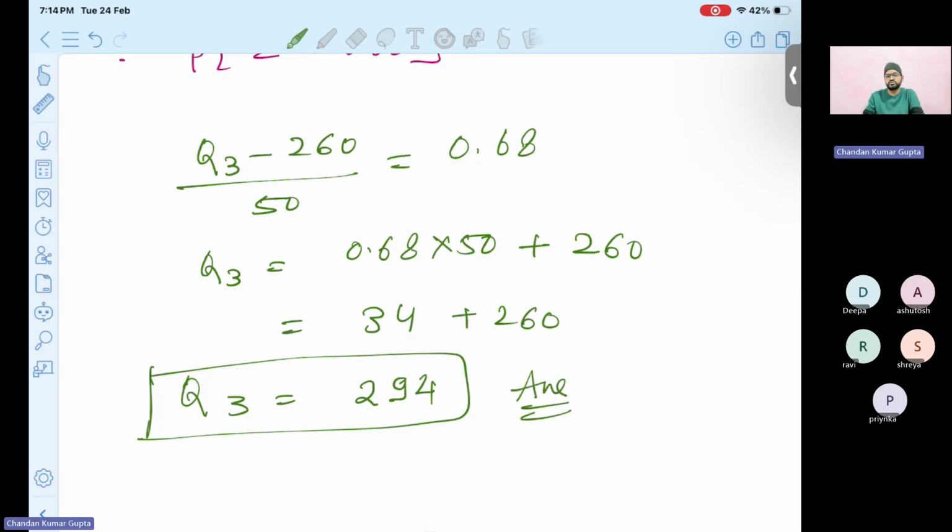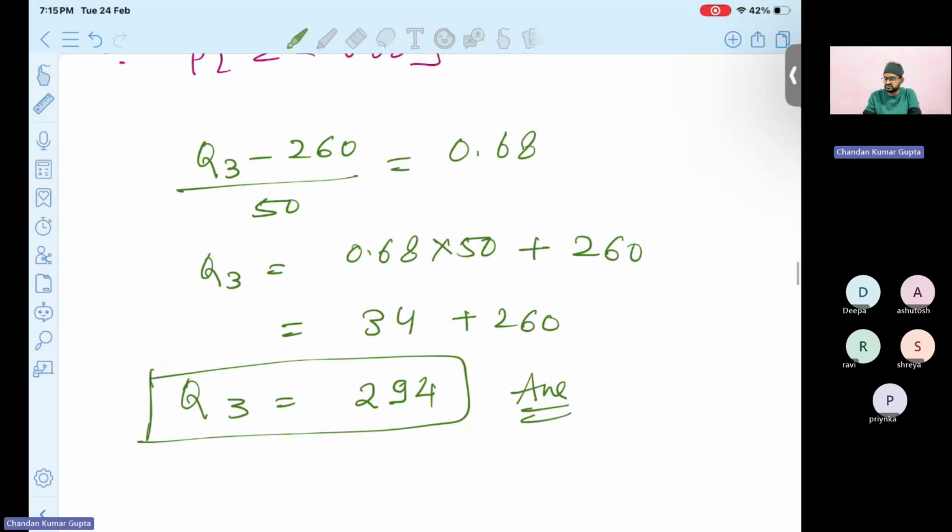So is it okay up to this point? Anyone have any doubt? The same question can be asked for the median as well, and you may find that it comes out to be 260 only. You may solve this by yourself if you want.